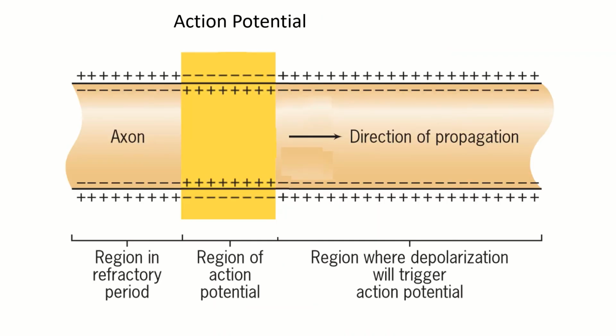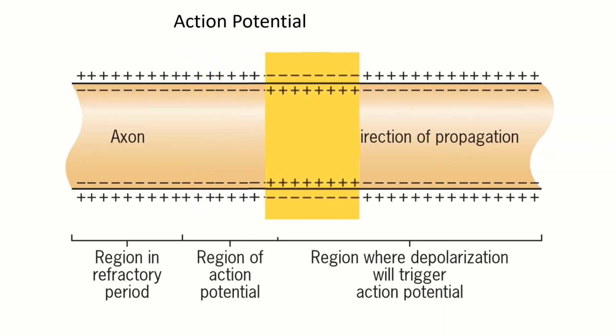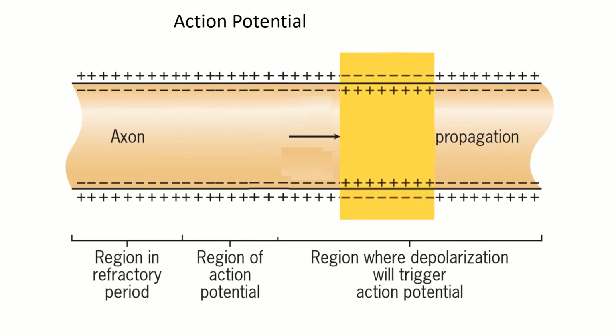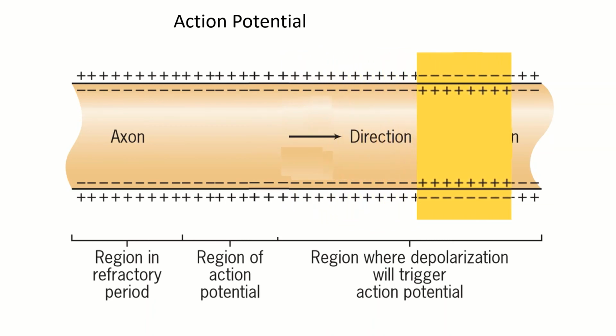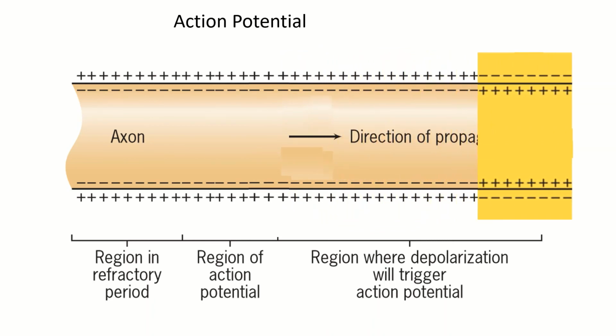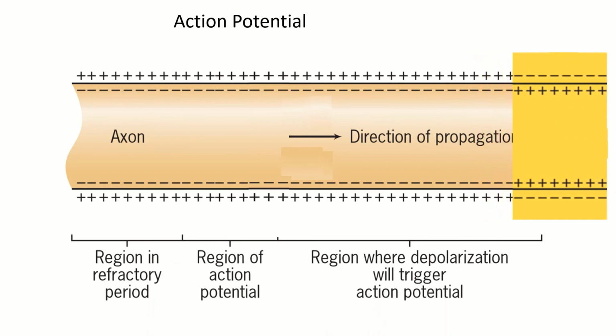Now, the action potential, as I mentioned, moves along the axon from the cell body to the end of the axon where another nerve cell is waiting just across the synapse. This is an electrical signal, and it moves very fast. Like, in less than a second, your toe will already be felt by your brain.